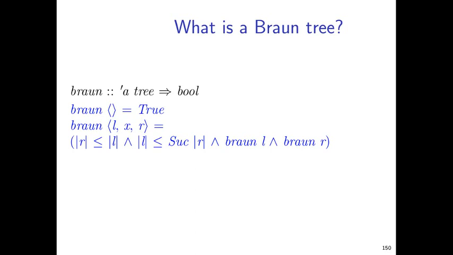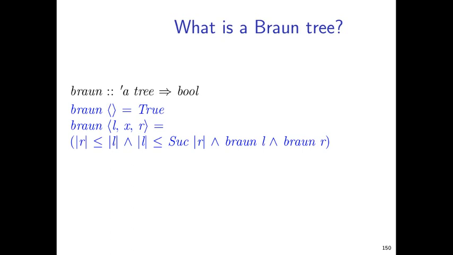If I have a tree with left and right, then the number in the right must be smaller than the number in the left, but at most one smaller. This is the other bound. That's a very strong balancing criterion.